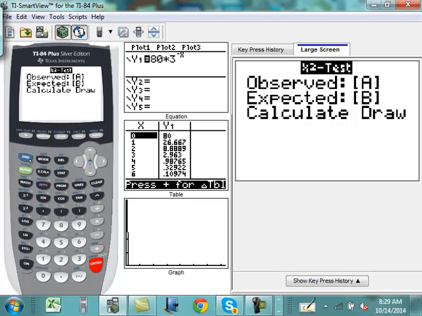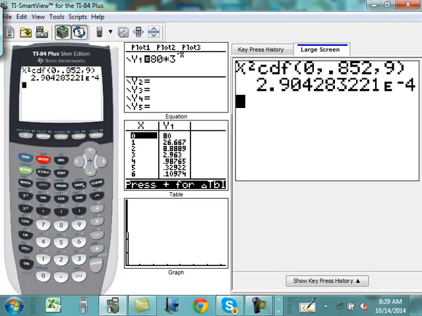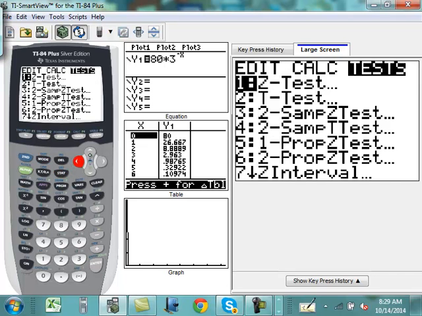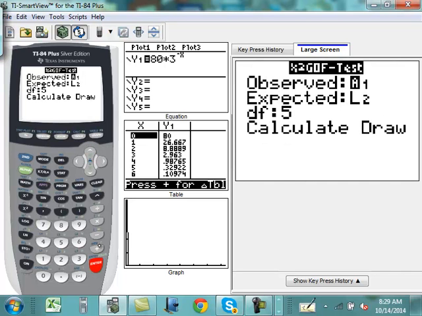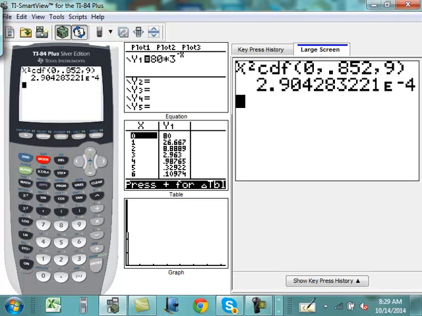So we're not going to use this one. So if that doesn't work, then what does? Well, if you pull up the chi-square goodness of fit test, that's not it either. So the short answer is there isn't one.